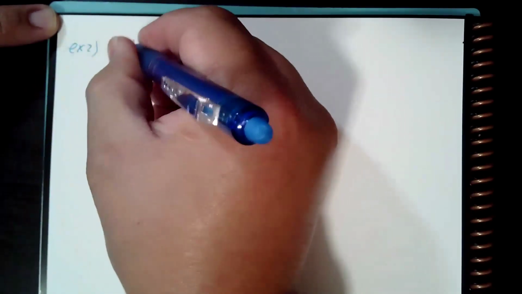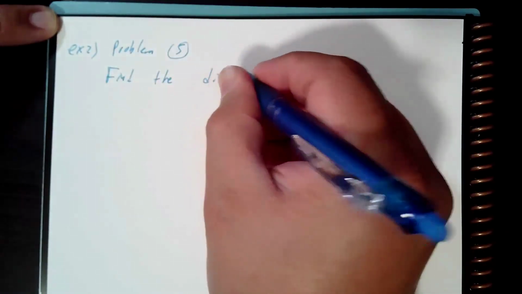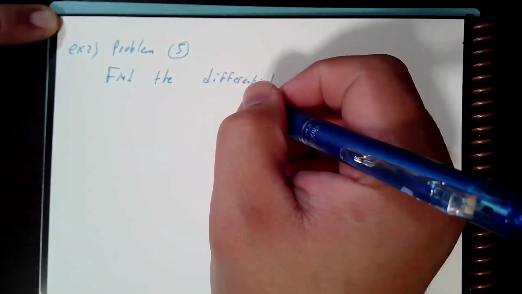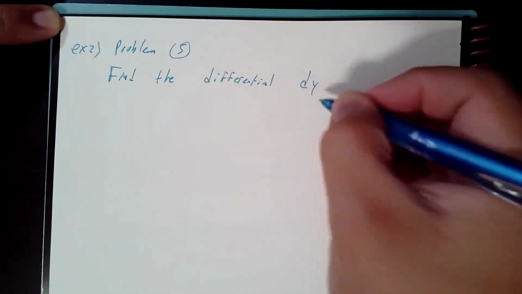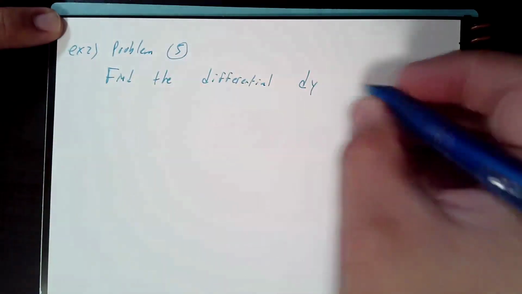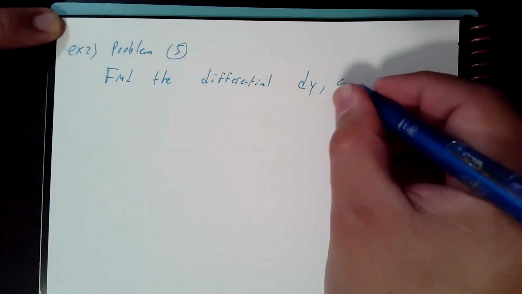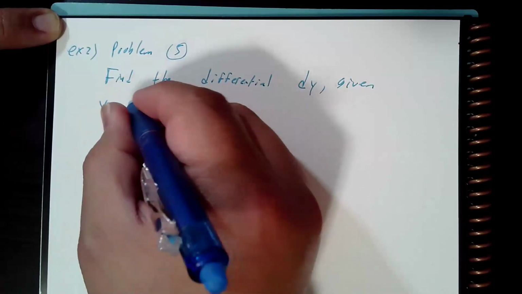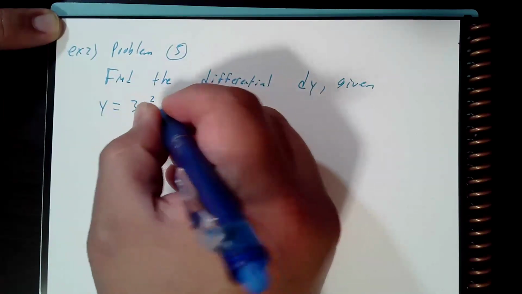All right. So I think this is problem 5. Find the differential dy, given that y is equal to 3x squared minus 7.